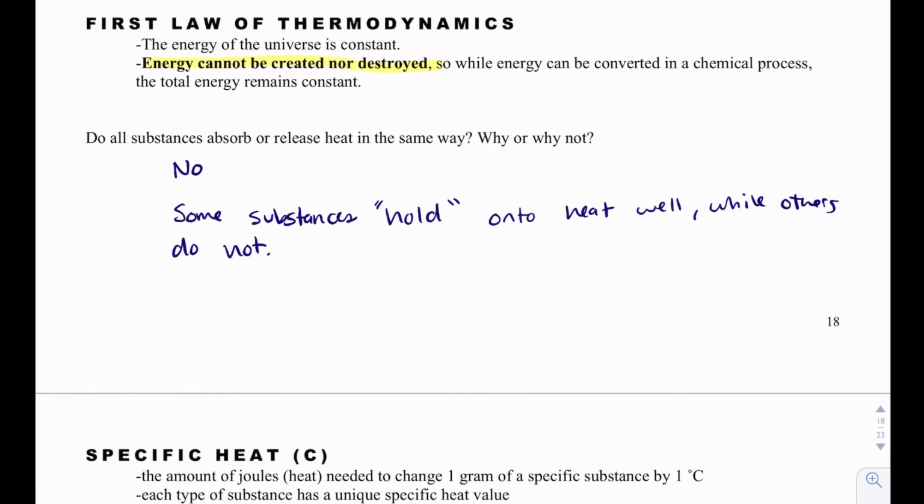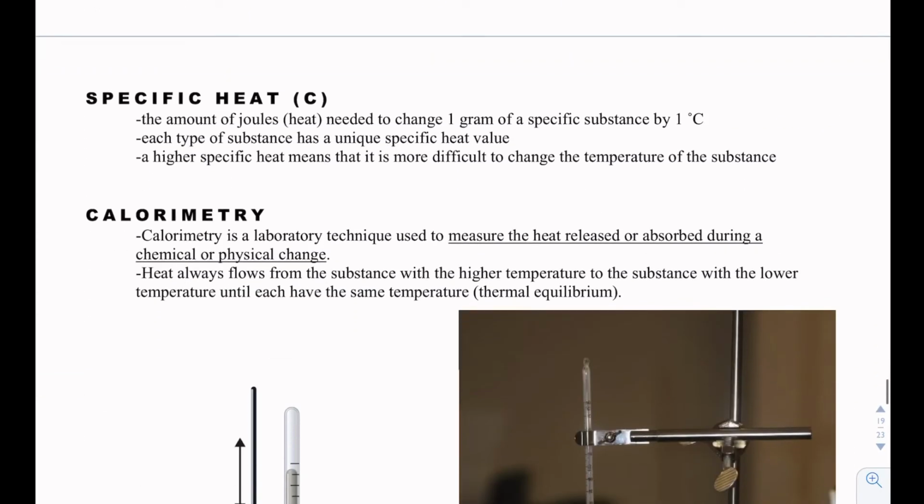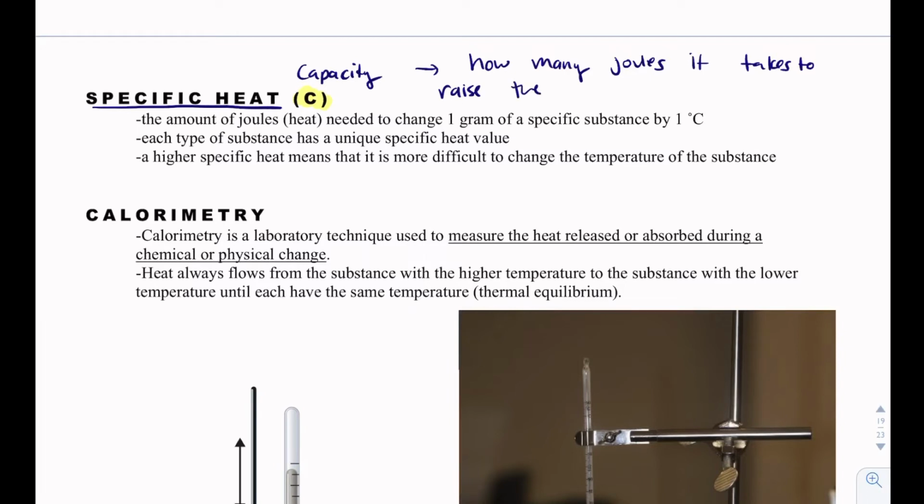So for the way a substance holds on to heat, we are going to use a specific variable, a capital C, and this is going to be called the specific heat capacity. It's specifically a measurement of how many joules it takes to raise the temperature of that substance.